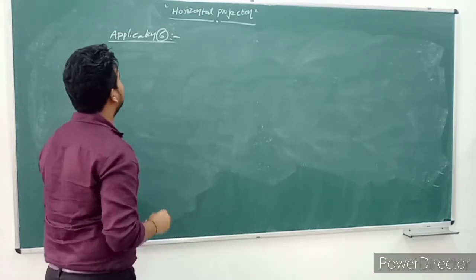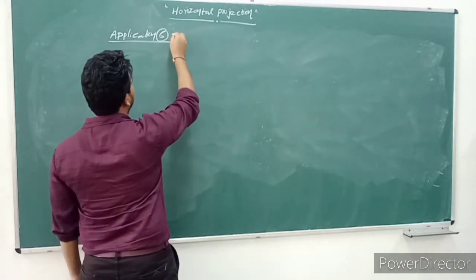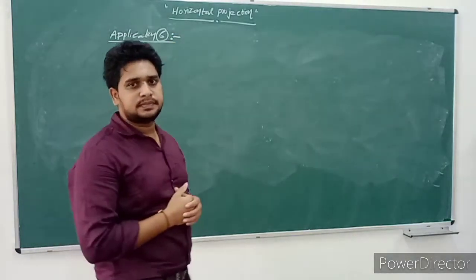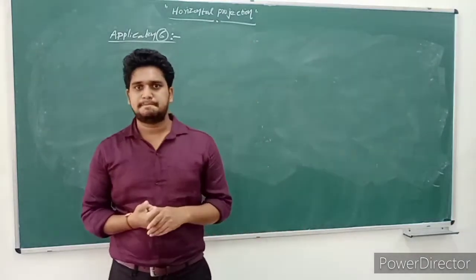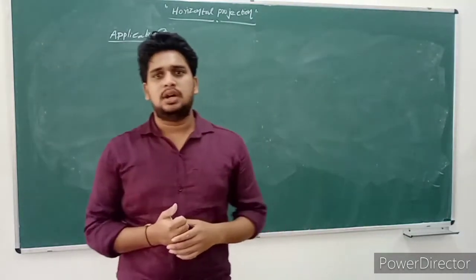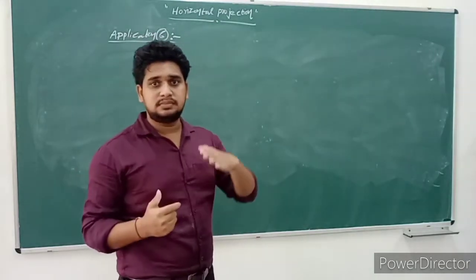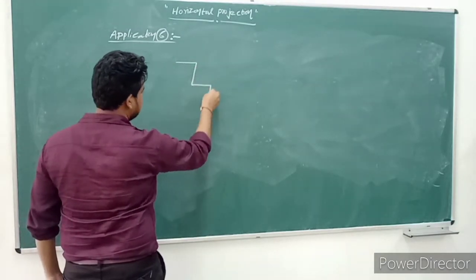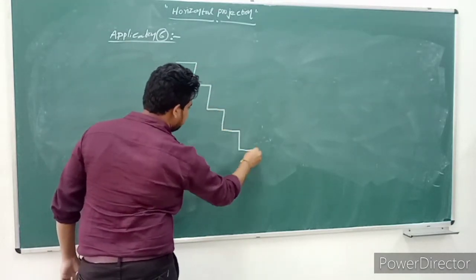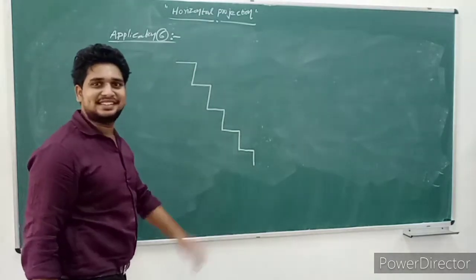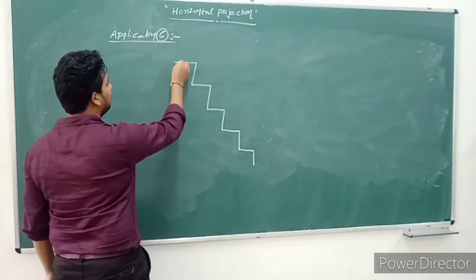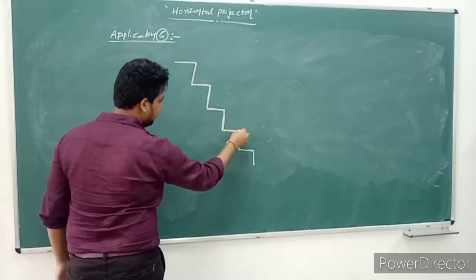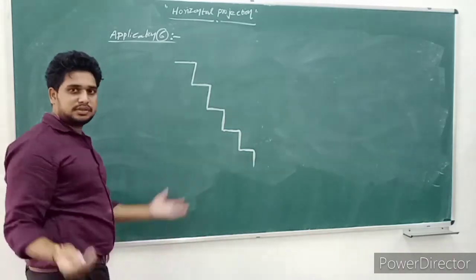So here, consider a body that is also projected horizontally from steps. A staircase is there like this, with 7 steps: step 1, step 2, step 3, step 4, step 5. A lot of steps are there.